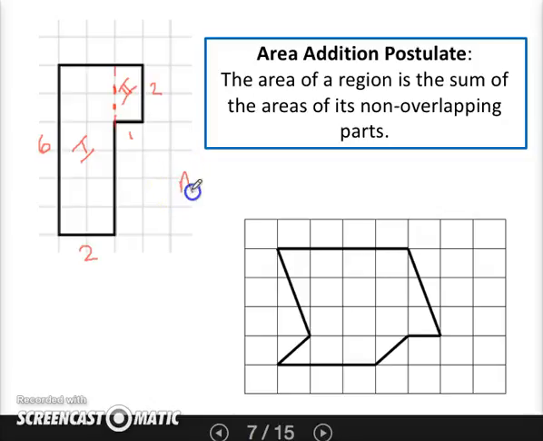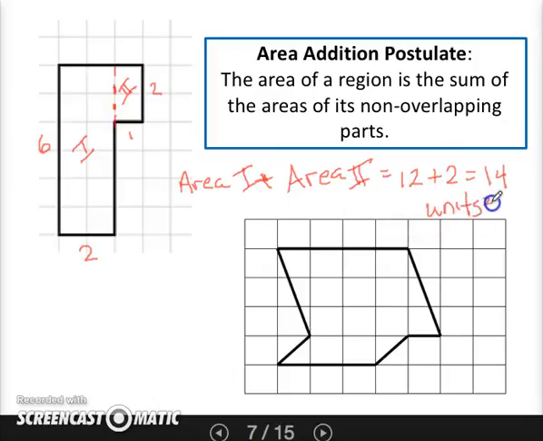So the area of 1 plus the area of 2 would be 2 times 6 is 12 plus 1 times 2 is 2, and that's 14 units squared. And sure enough, if you count up those squares, you'll count up 14 squares.